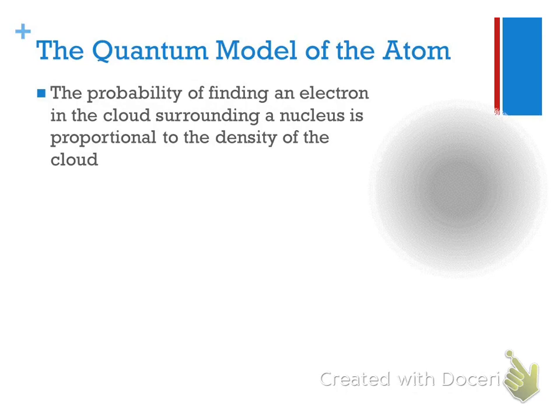Then we add a shell, and as we move outward, electrons have more space to roam, and they are bouncing around more and more. So the probability of finding an electron increases as you get closer to the nucleus. That's where the cloud of electrons is more dense. You're more likely to find an electron in here than you are as you move outward.